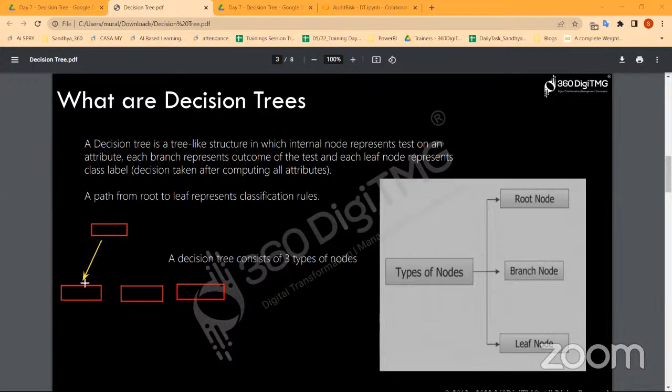So it's like a hierarchy, friends. From the root node to branch nodes we have a connection, and from here we can have the leaf nodes. A leaf node is like the ending of the tree. Let me represent it using a circle. Further, we cannot expand it, friends. So these are the leaf nodes.